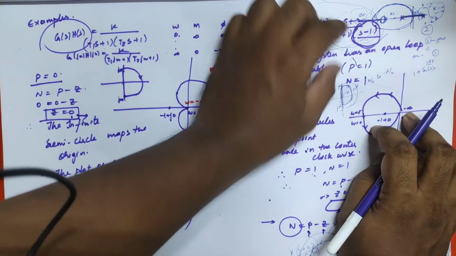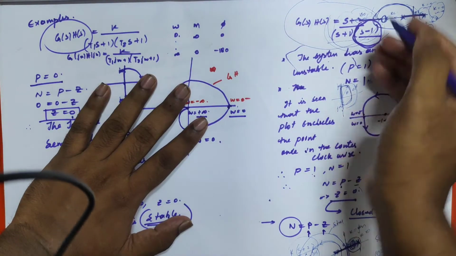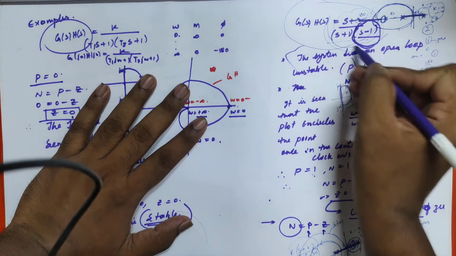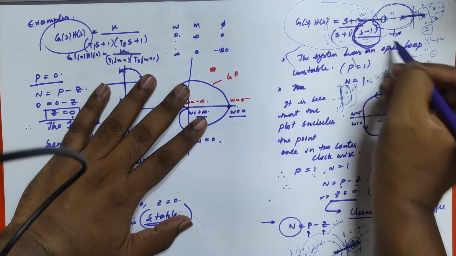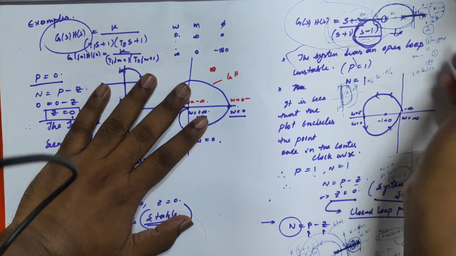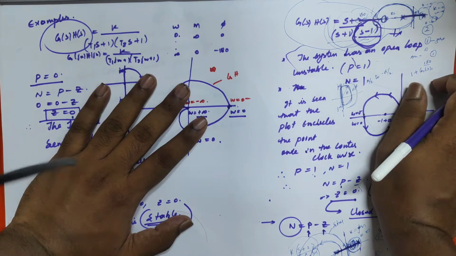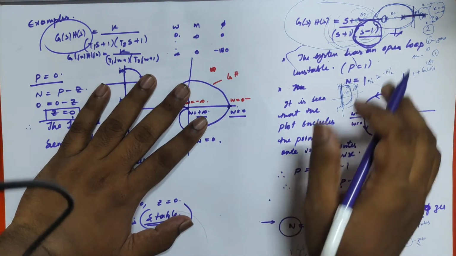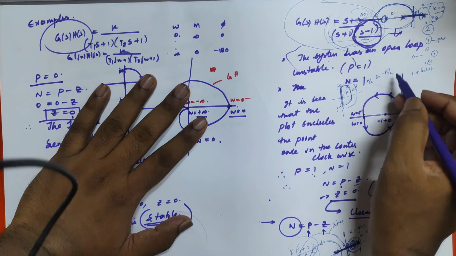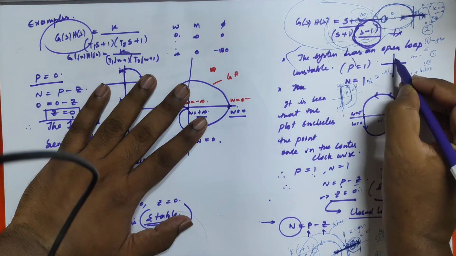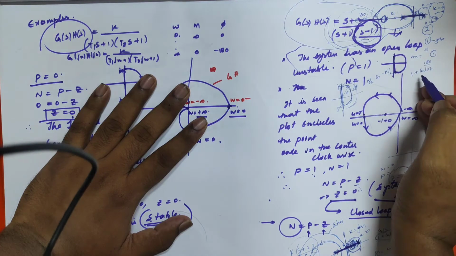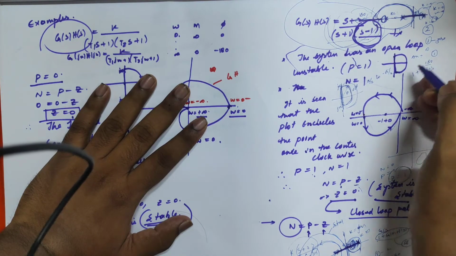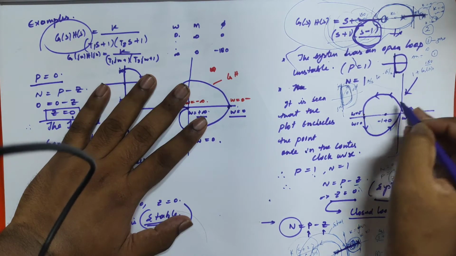So after seeing this, what I said is, in the previous section, if the open loop system has a right half pole, then my system is unstable, you know that. But in the Nyquist criteria, for this S-plane contour, if I assume there may be right half plane poles, then we get a contour like this.